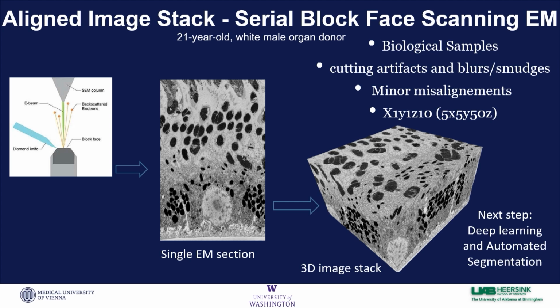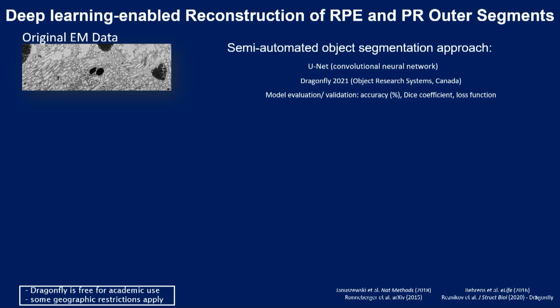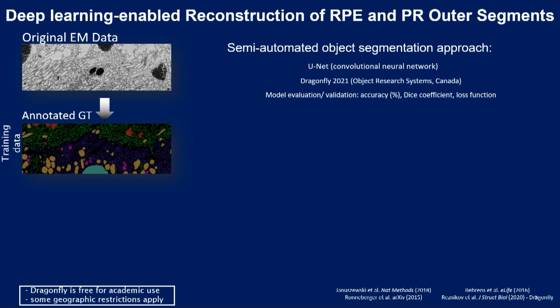Basically, what we wanted to do with this is to train a deep learning model to segment the organelles, and I'll tell you a little bit about how we did that. A lot of you know about the deep learning in Dragonfly. I'm just going to explain how we did it. We basically took the original EM data, the volume in Dragonfly, and annotated it.